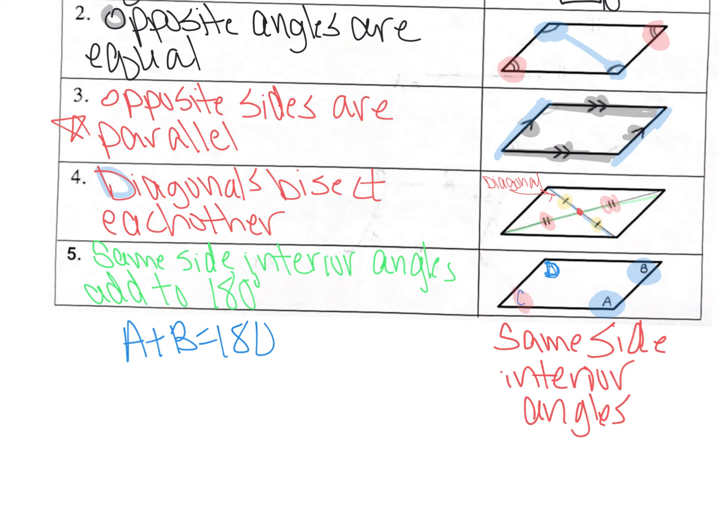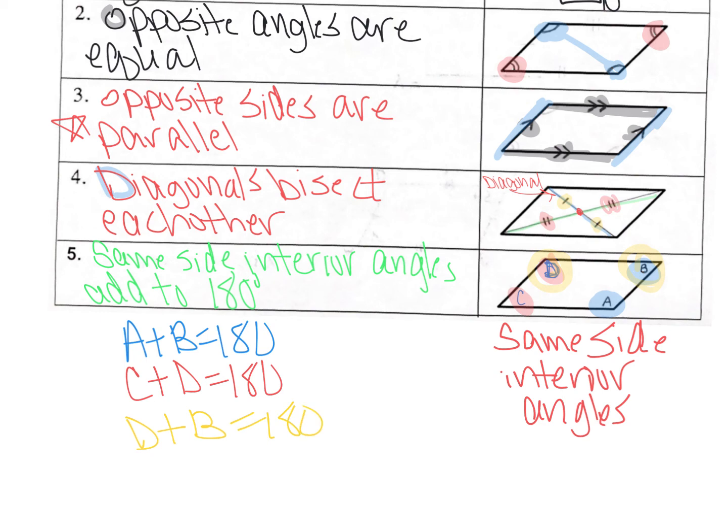C and D are on the left-hand side, on the same side, so we could say that C plus D equals 180 as well. Let's get a little trickier here. We also have D and B, they're both on the top, on the same side, so we could also say that D plus B is 180. And then there's one more pair.